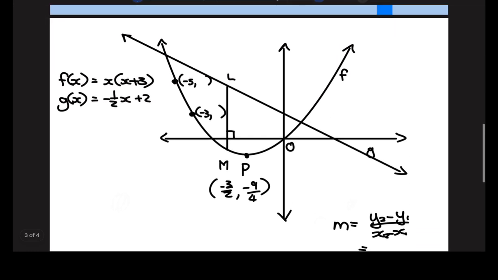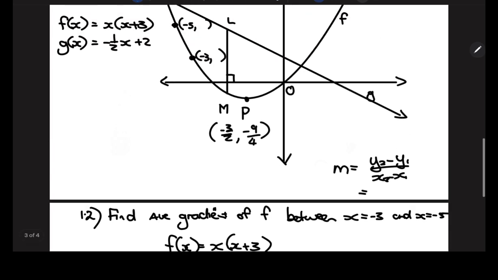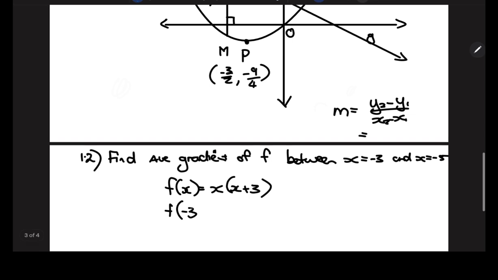So what we need to do is find those y values. So I'm going to take my original function, which is f of x equals x times x plus 3, and for a start I'm going to sub that x with, I think the first was a negative 3. We're going to put a negative 3 in there, so this is negative 3 times negative 3 plus 3, so this is 0.